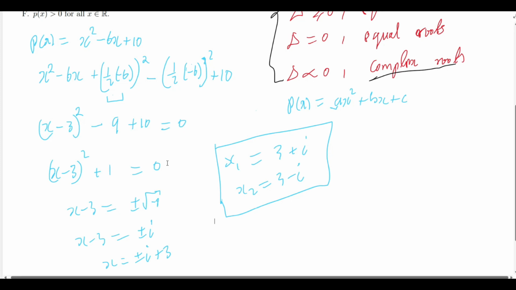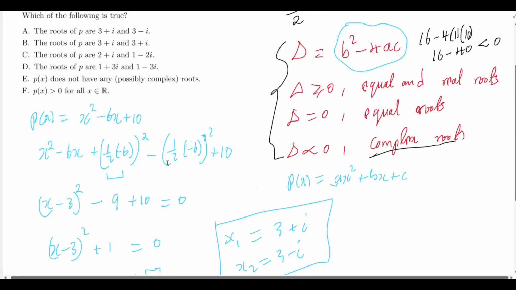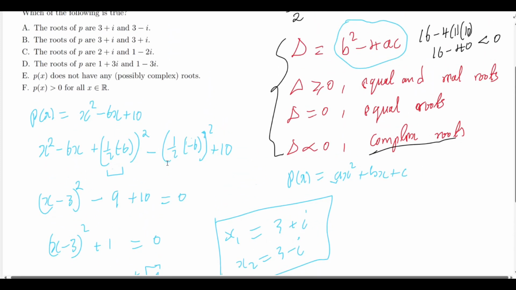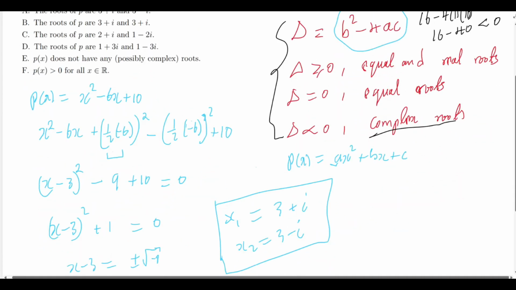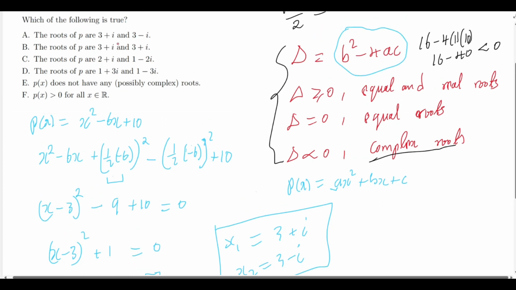Now let's look at the options. The first one says the roots of the polynomial are 3 plus i and 3 minus i, which is correct from what we have just done. So option A is correct. Option B, the roots are 3 plus i and 3 plus i. This is wrong.